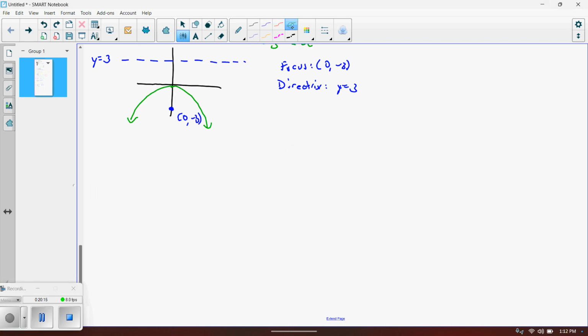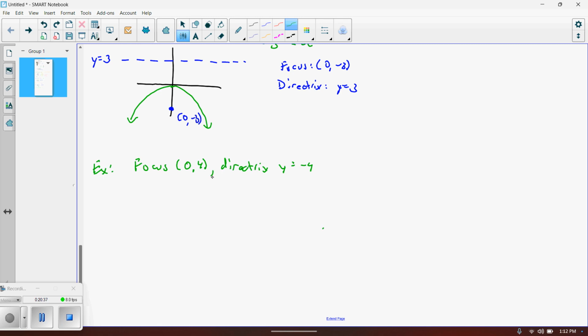Okay, let's try a couple real quick where, in this case, we're going to give you the focus and the directrix. So I'm going to tell you that the focus is the point 0, 4, and the directrix is the line y equals negative 4, and we just simply want to write the equation.